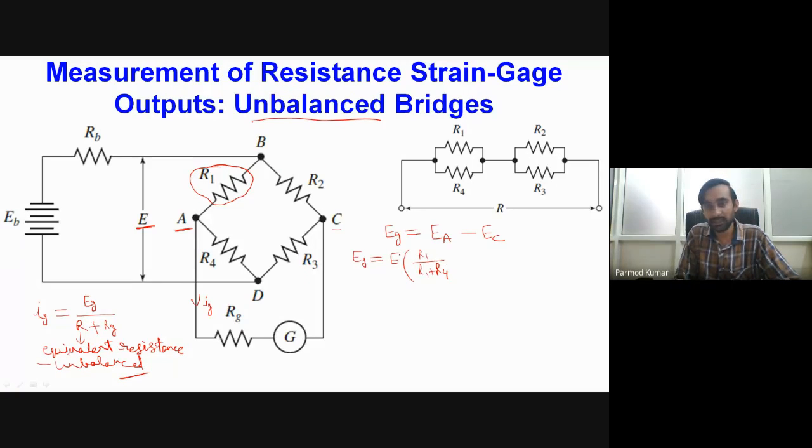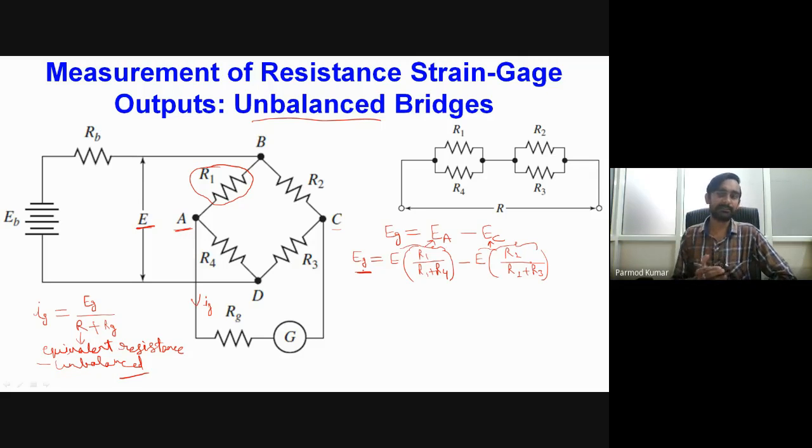So this will be E times R1 by R1 plus R4 minus E times R2 divided by R2 plus R3. The second term is the voltage at point C, and the first term is the voltage at point A. Using this formulation, I can determine the value of Eg.